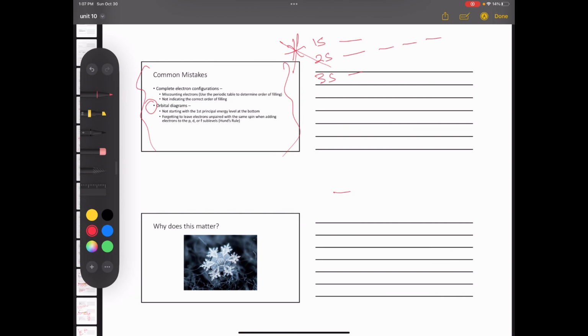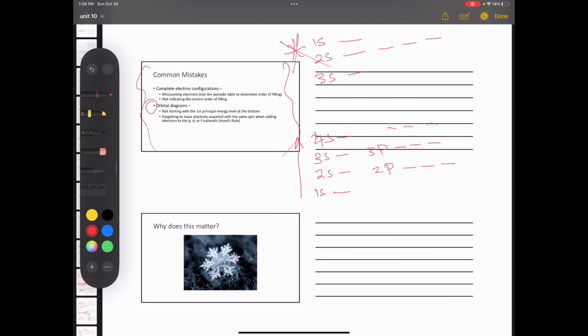So we start with the 1s, then the 2s, and then the 3s, right? And the 4s comes next, and so on and so forth. So you have to start from the bottom of the page, making your way up, indicating the lower principal energy level at the bottom of your orbital diagram.